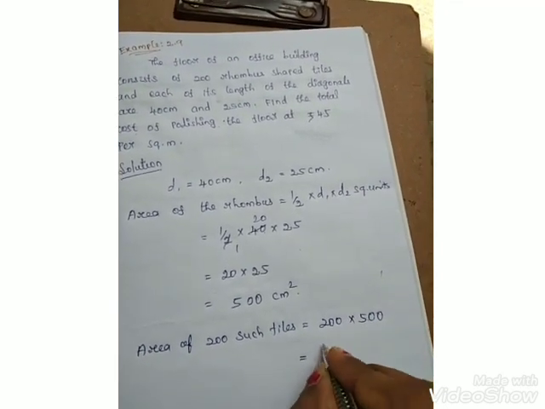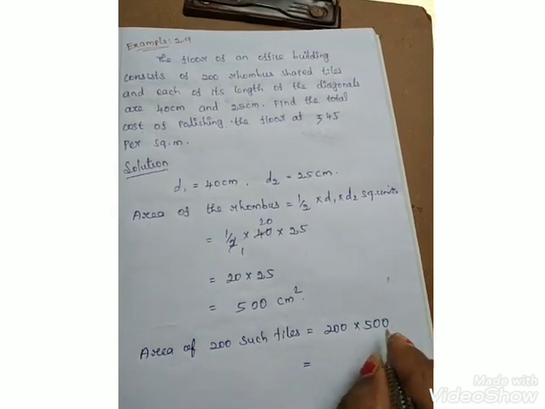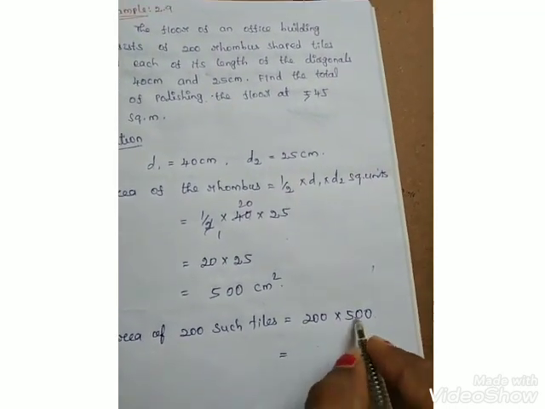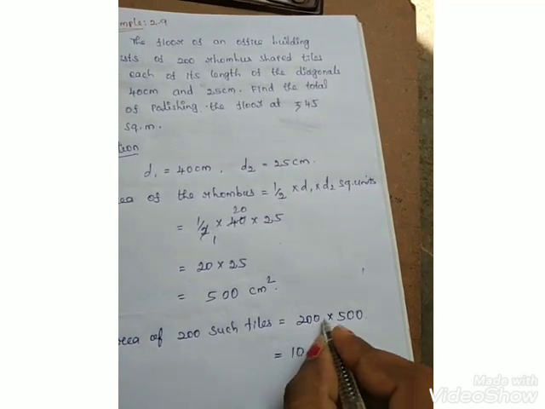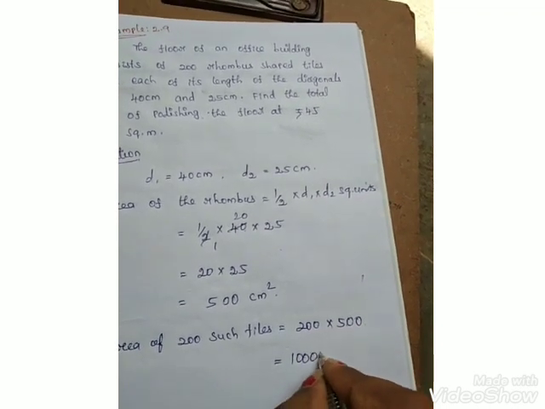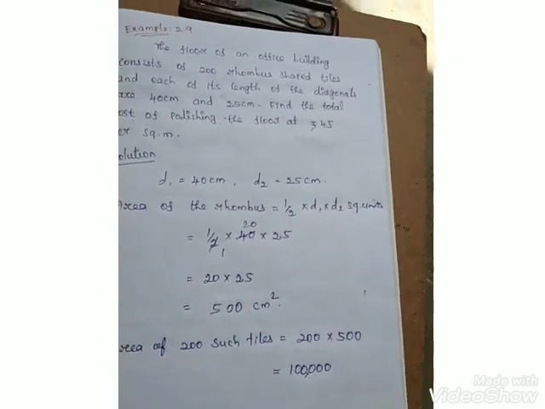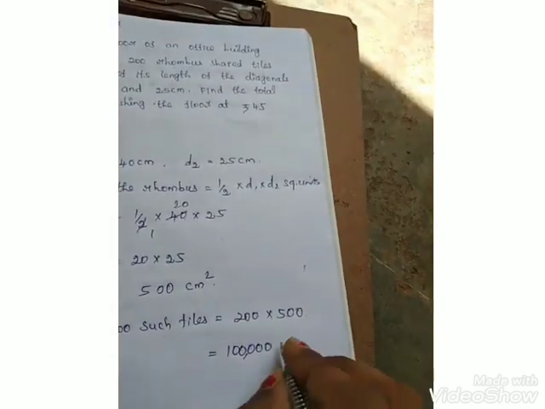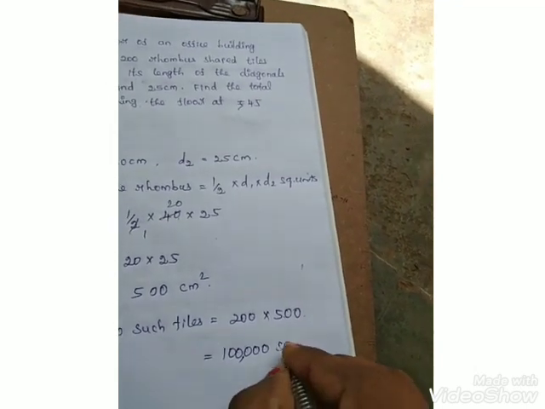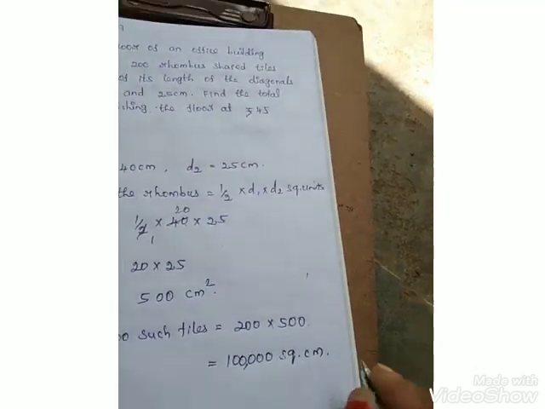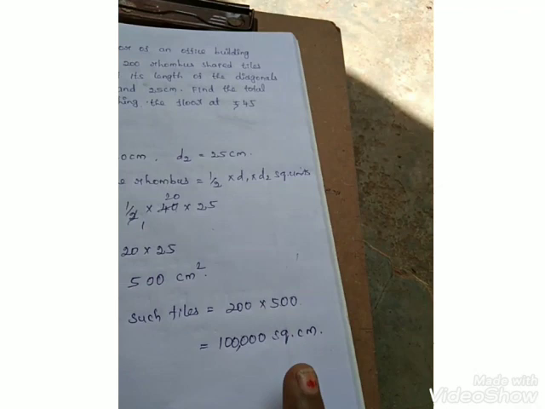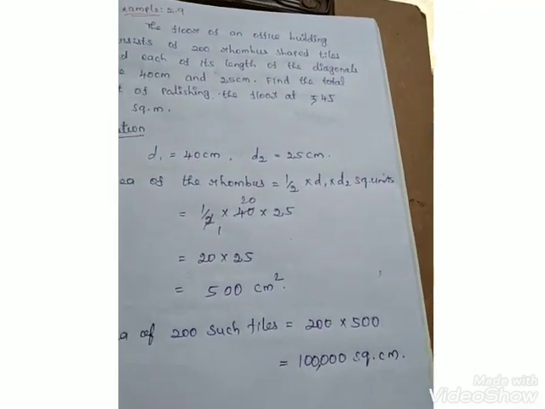So here also 0, here also 0. 2 5s are 10, then the zeros: 100,000 square centimeter. So given that is square centimeter, convert into square meter.